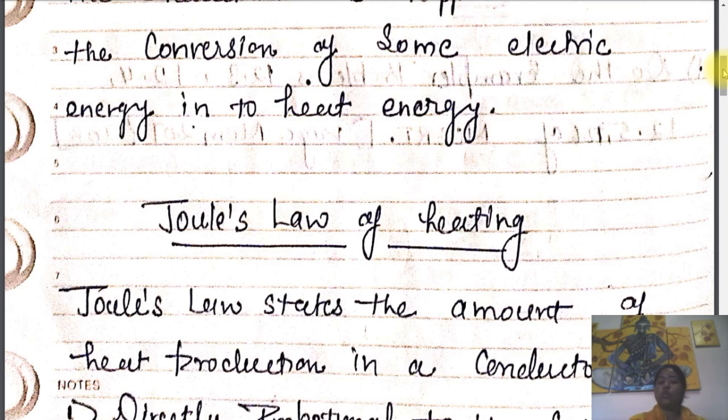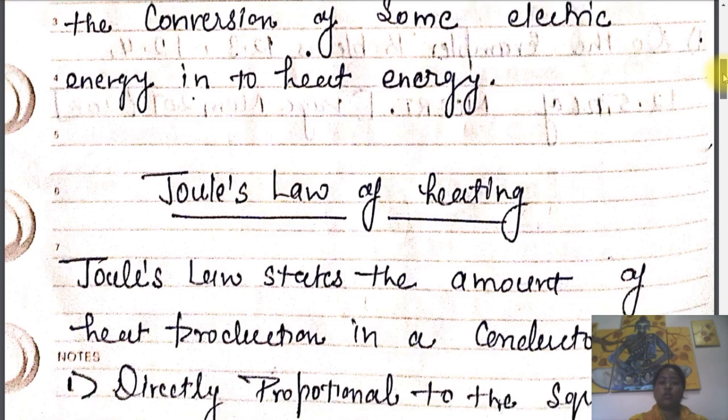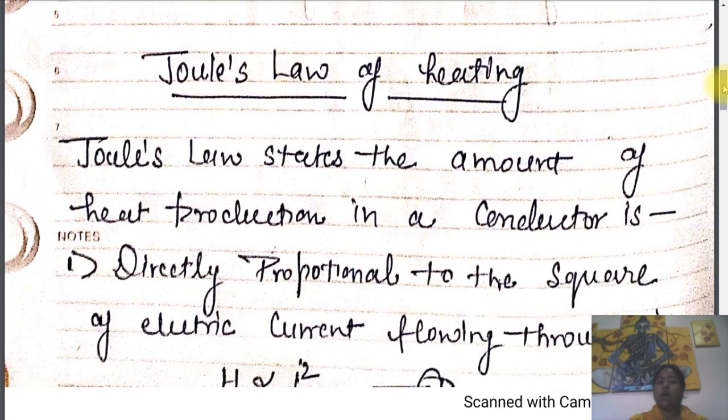Joule stated that the amount of heat energy generated in any electrical circuit depends on some factors. Joule talked about the factors on which heat energy depends. First, the heat produced in a conductor is directly proportional to the square of the electric current through it.